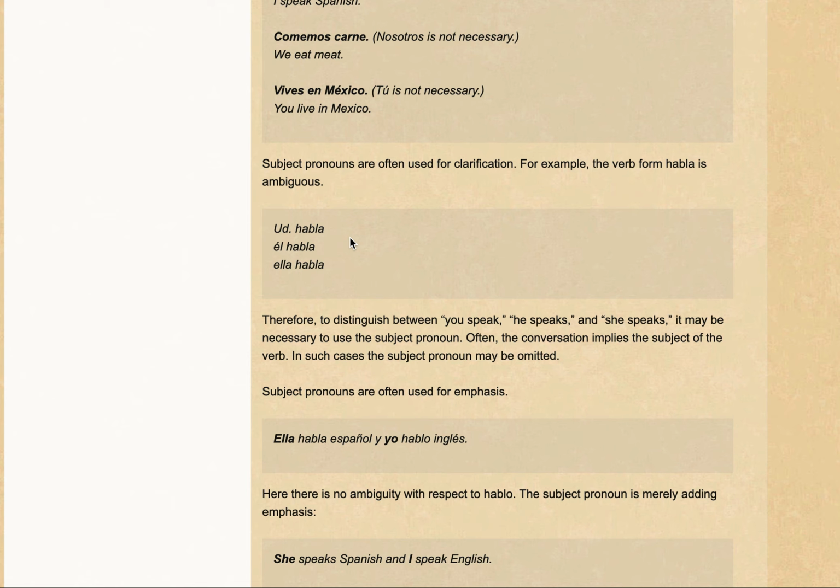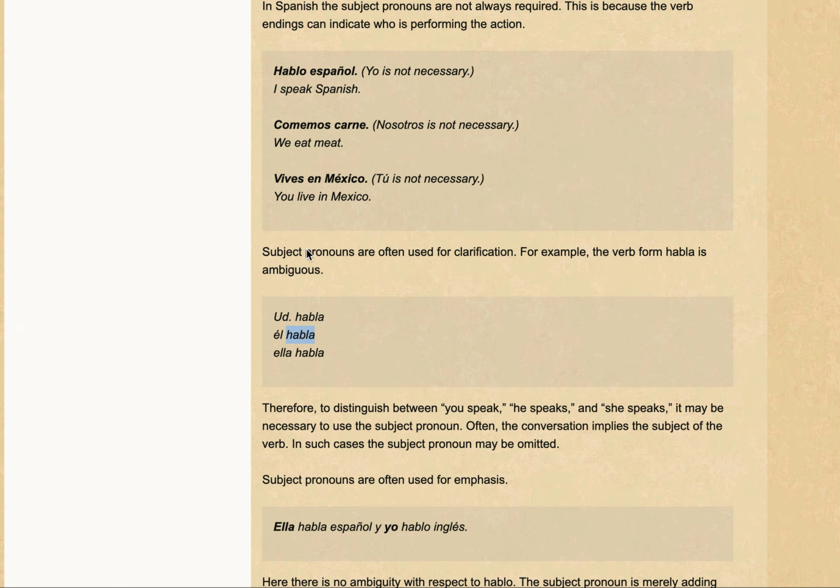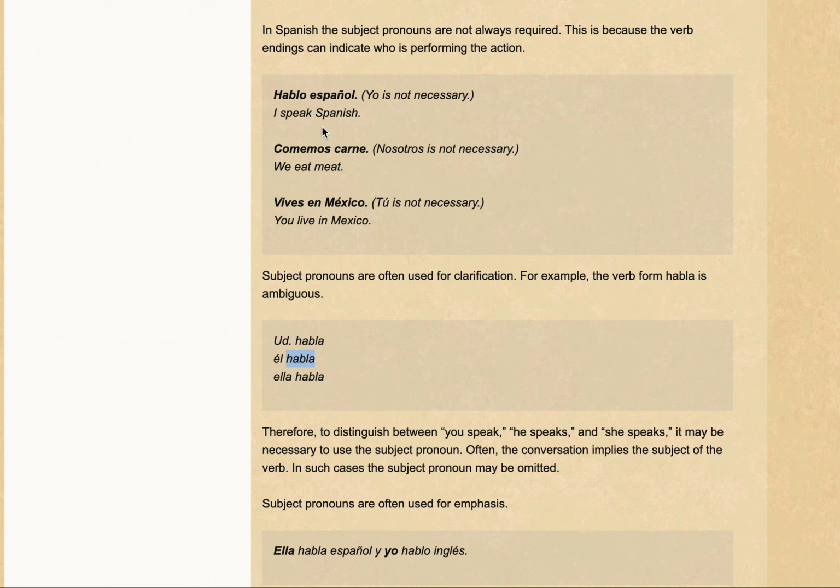Basically, I guess what it's trying to say is, just by looking at the form, we cannot determine exactly what the pronoun is. This is contrary to what you've seen before, at least for some examples, where we can determine the subject pronoun just by seeing the form of the verb.